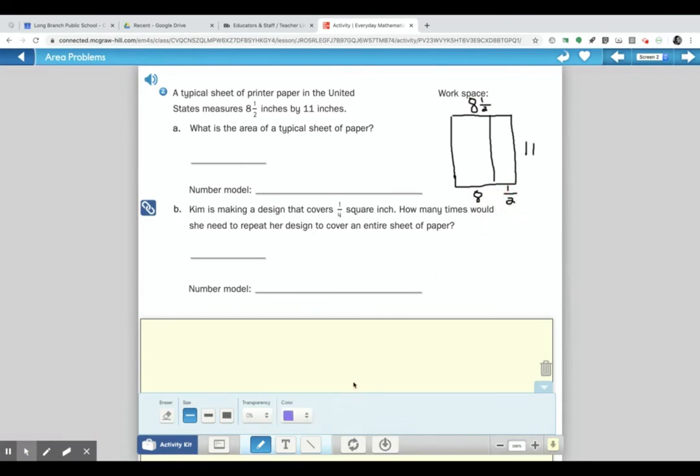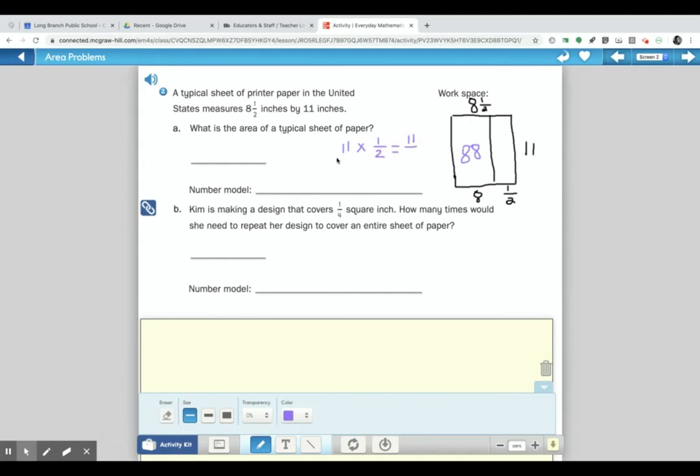So now we can go ahead and multiply. 11 times 8 gives me 88. And now I want to multiply 11 times 1/2. So I'm going to do my work right over here. I write 11 times 1/2. And 11 times 1 is 11.